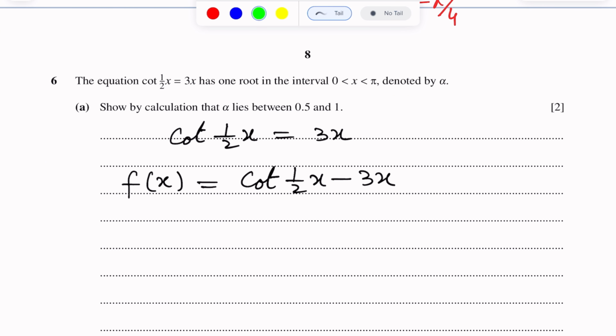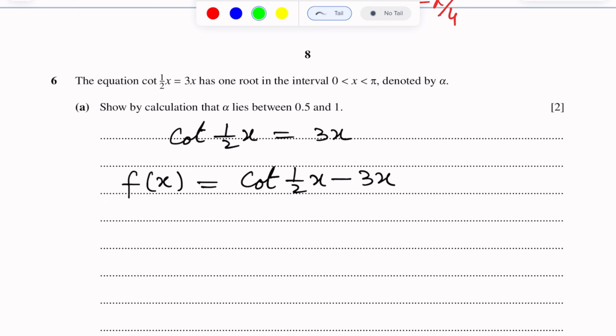Now this is a single function of x. Actually, there are two functions, cot(1/2 x), which is a trigonometric function, and 3x, which is a linear function. We have merged these two functions as a single function, cot(1/2 x) minus 3x.